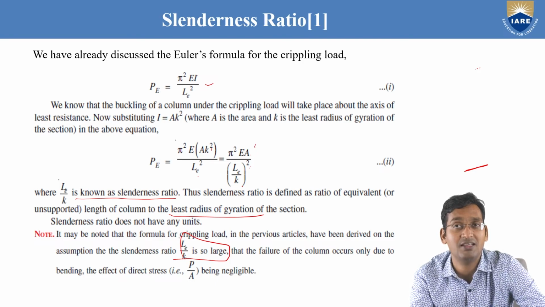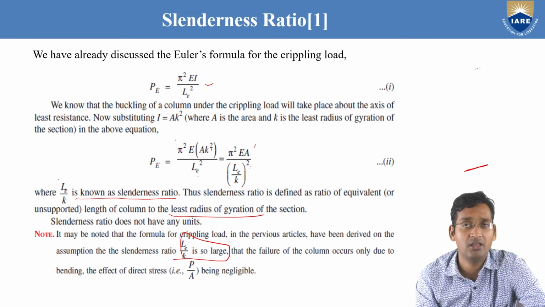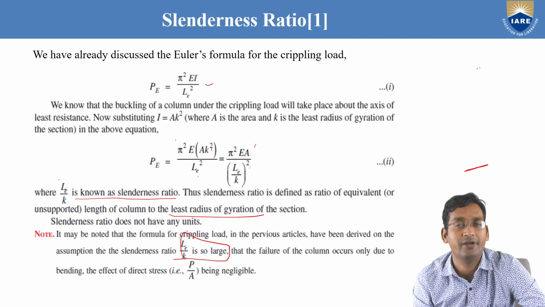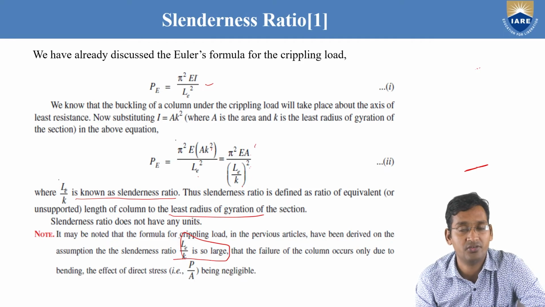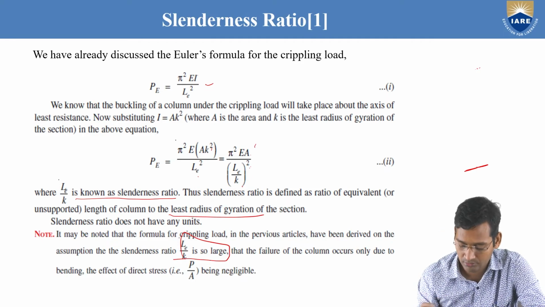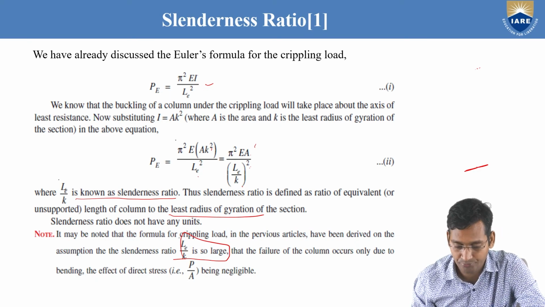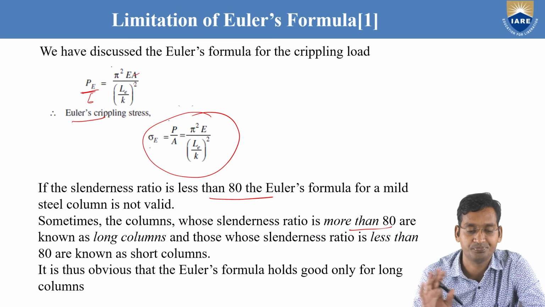But if LE by k is small, then direct stress cannot be neglected. In the assumptions we already say the failure occurs only because of crippling, and we assume direct stress as negligible. Hence Euler's formula is applicable only for long columns.